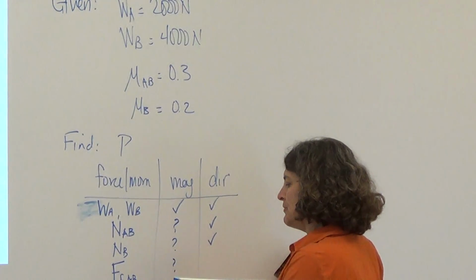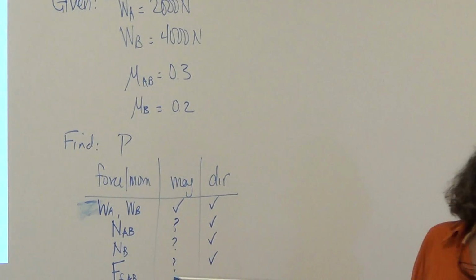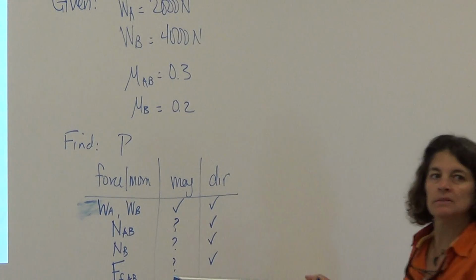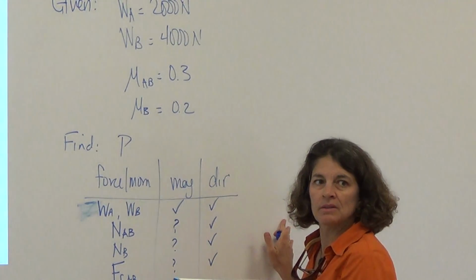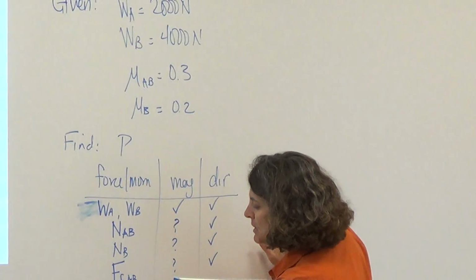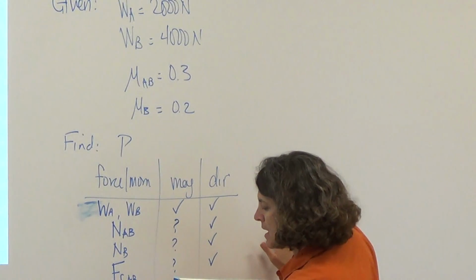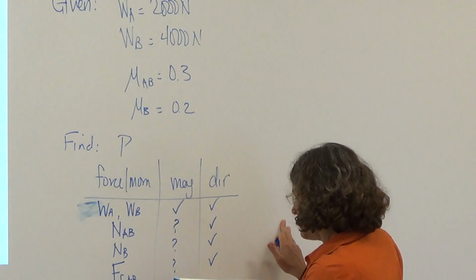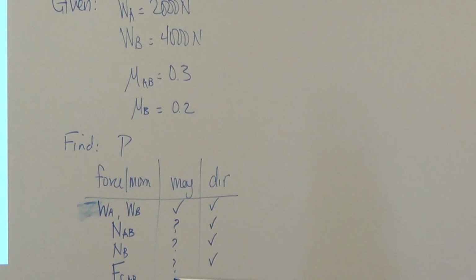So you guys have to get up if you can't see. JJ, what other forces are present? 500. Give me another one. And P. Anything else? Frictional forces, the normals, the weights.